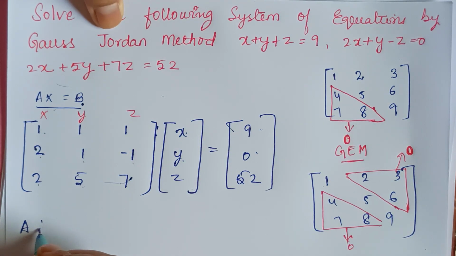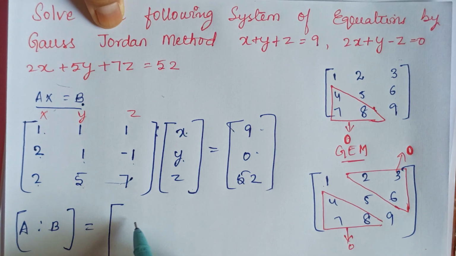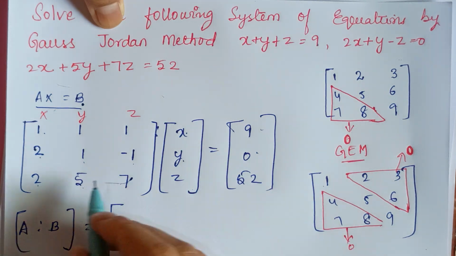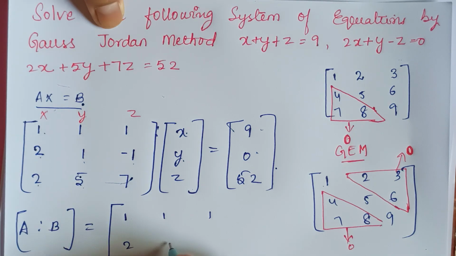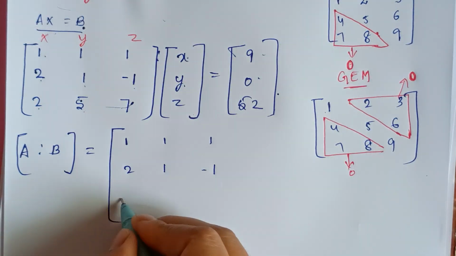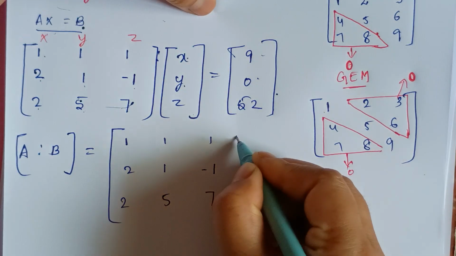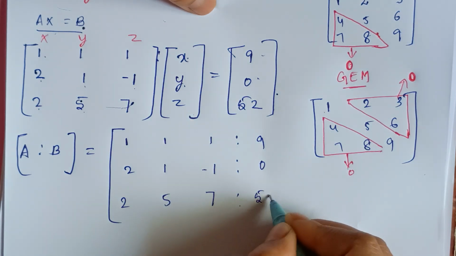Now I will write the augmented matrix. To write the augmented matrix, I just have to write A augmented with B, that is matrix A and matrix B. So I'll write the matrix A first. Then 2, 5, and 7 augmented with 9, 0, 52.